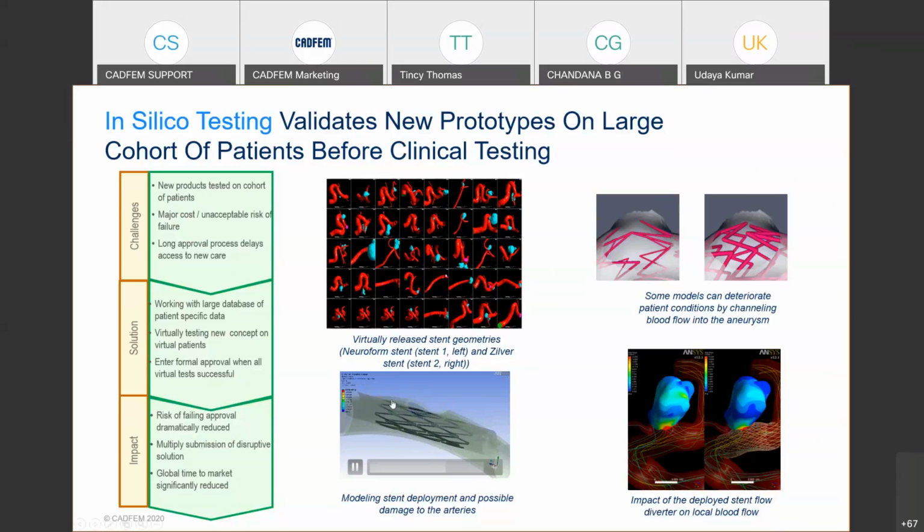So the easy way, or the fastest way, is inserting this stent in a simulation world. We can create different kinds of blood vessels and see how the flow of blood is happening. Is it reducing the aneurysm, or is the flow better in this case, or is the flow causing the aneurysms? So all those kinds of things you can study. You can change the design and just see the thickness.